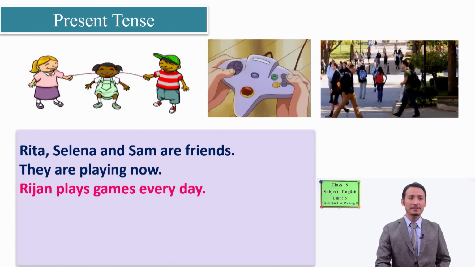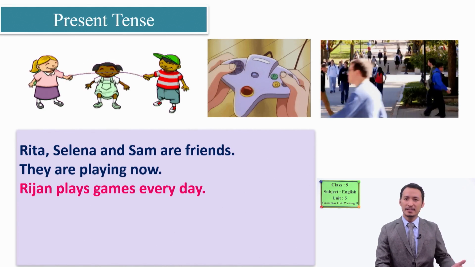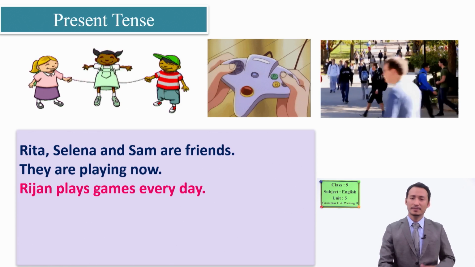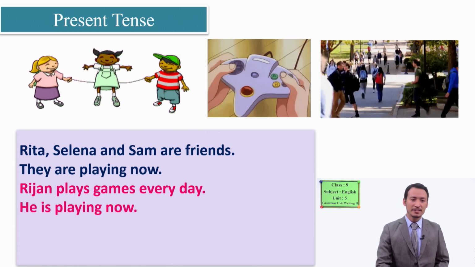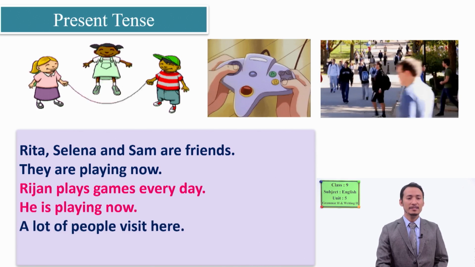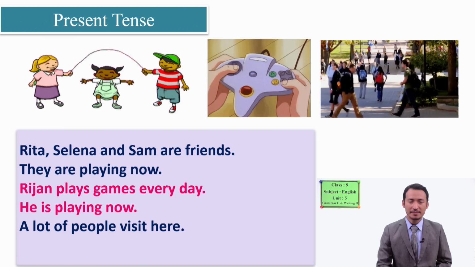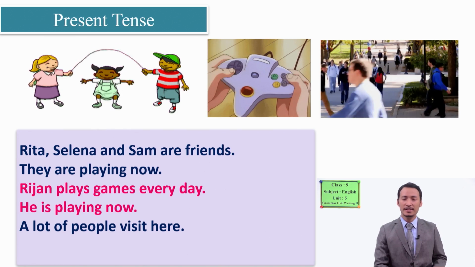And we have, Reason plays games every day. So that is also another fact or situation. And we can use present continuous tense: he is playing now. And for the third one, a lot of people visit here. This is the fact. This is the situation here.